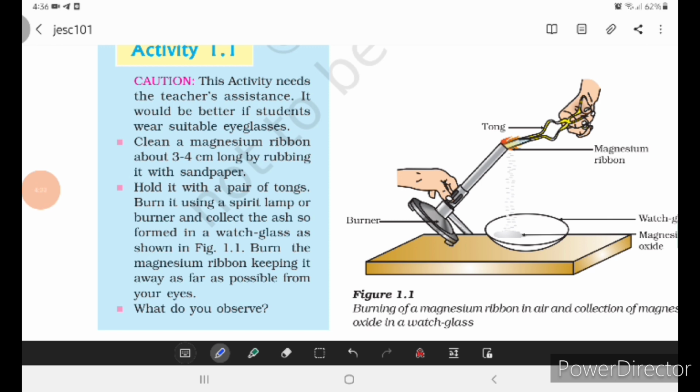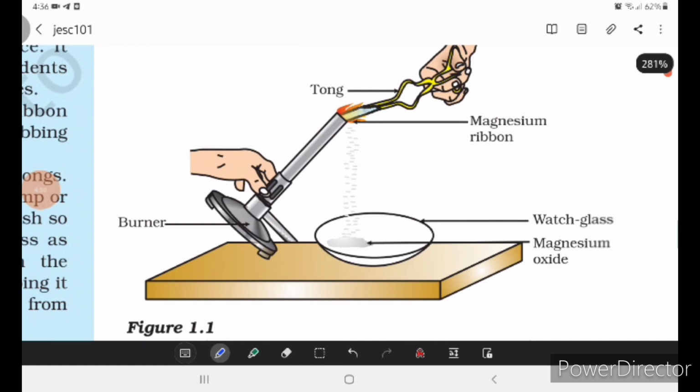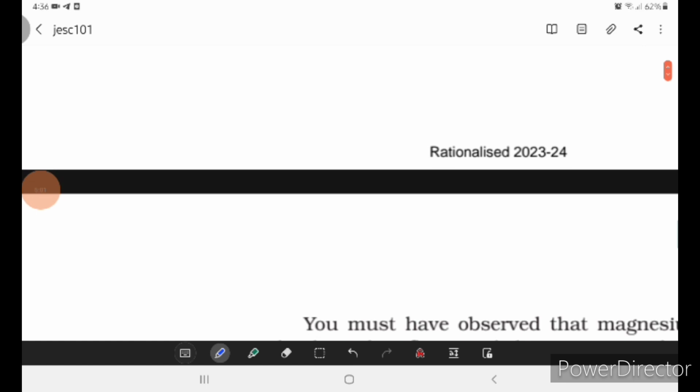So, take a sandpaper, take a magnesium ribbon, clean the magnesium ribbon with the help of the sandpaper, and now using a spirit lamp or a burner, burn the magnesium ribbon by holding it with a pair of tongs. Place a watch glass below the magnesium ribbon, where you can observe a whitish powder-like thing, which we call magnesium oxide.